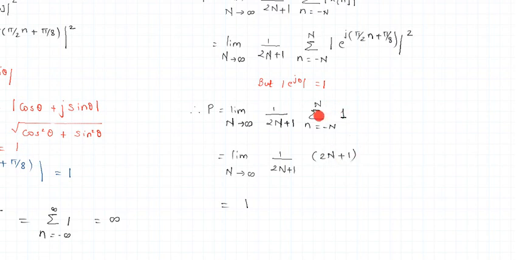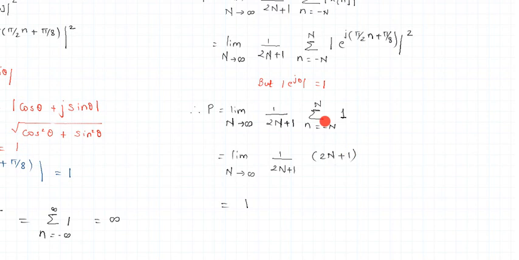This summation can be split as 0 to N, which means you are adding 1 N plus 1 times, and the remaining part is minus N to minus 1, which means you are adding it N times. So in total it turns out to be 2N plus 1.